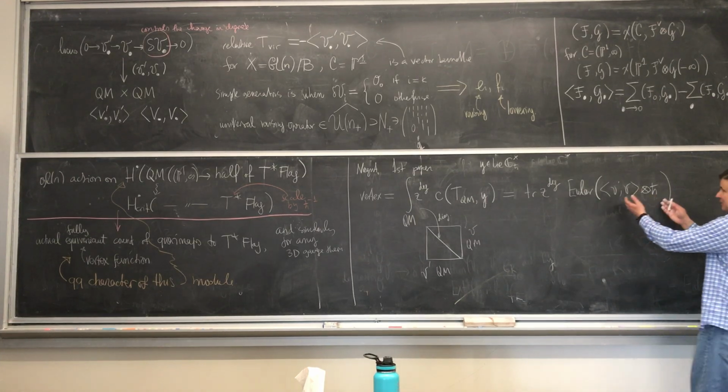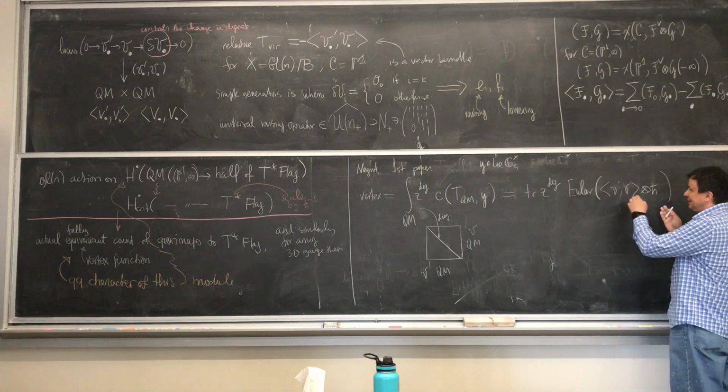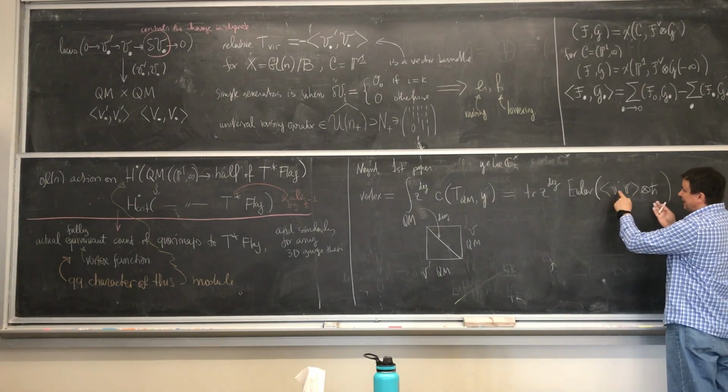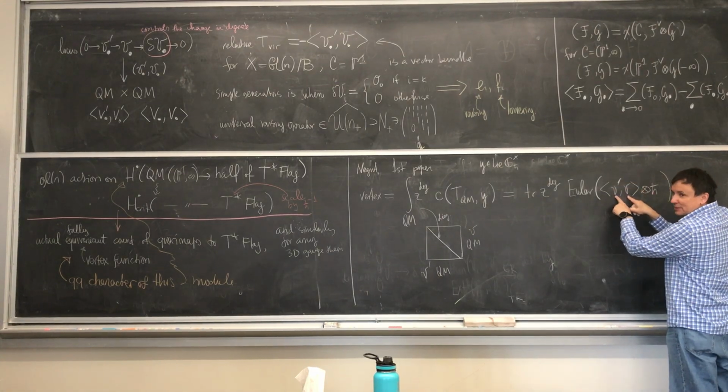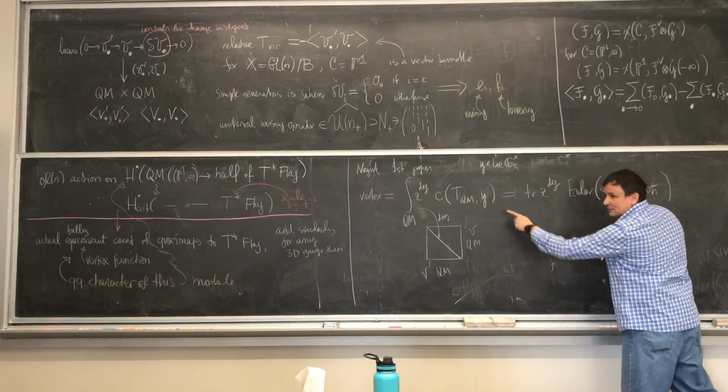Because this is some operator on the product. And if I take the restricted diagonal, then this expression becomes the tangent bundle, and then I twist it, and this becomes this.